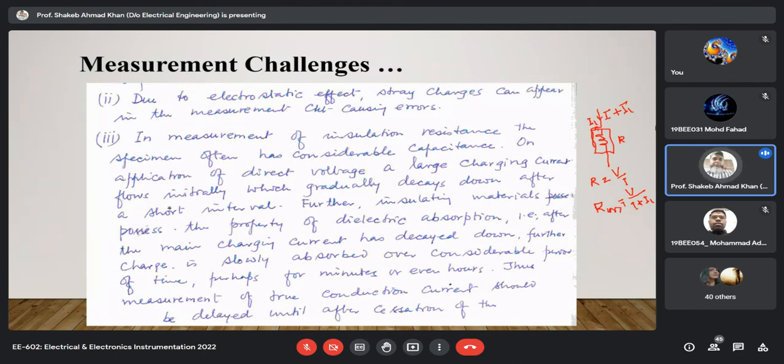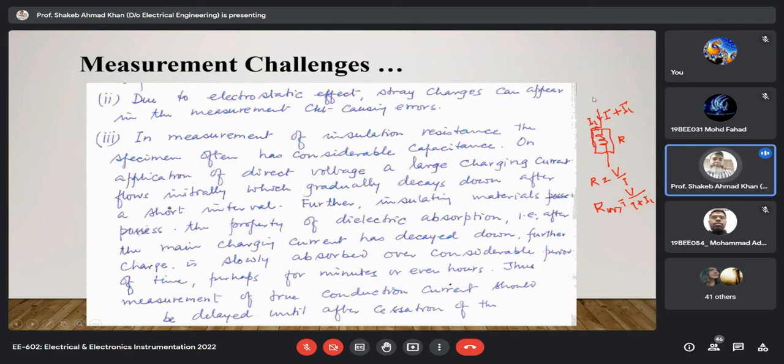So if we are measuring by voltmeter ammeter method, you can see by putting an ammeter here, we are taking the voltage upon current. This current is what we want, the actual conduction current. If we take the voltage across the resistance and the actual conduction current, this ratio will fetch us the true value of the resistance.